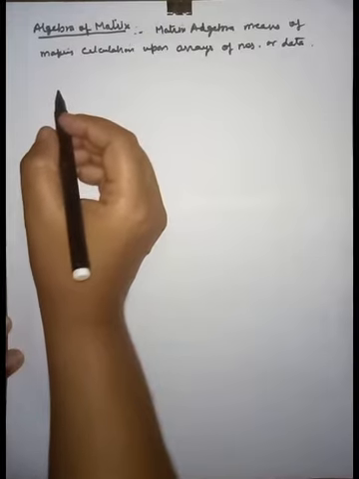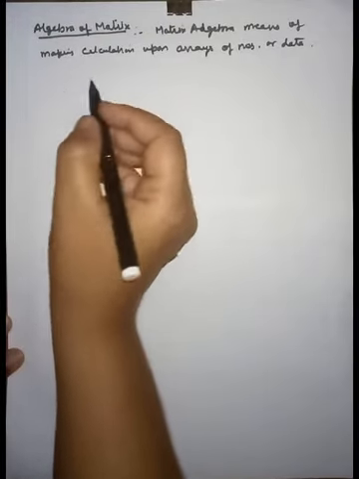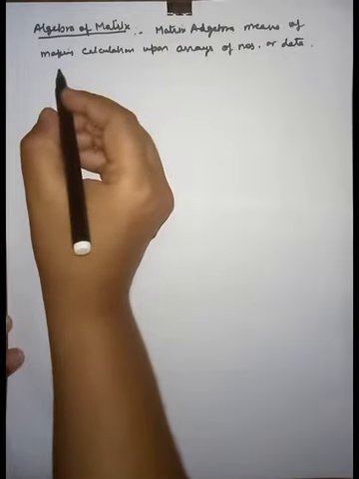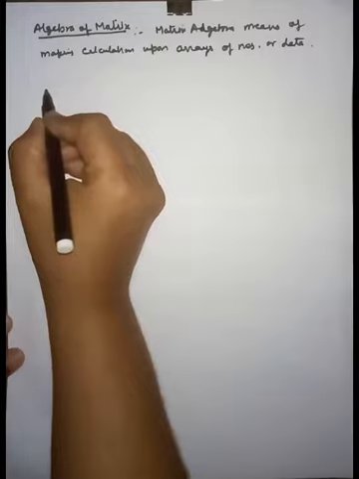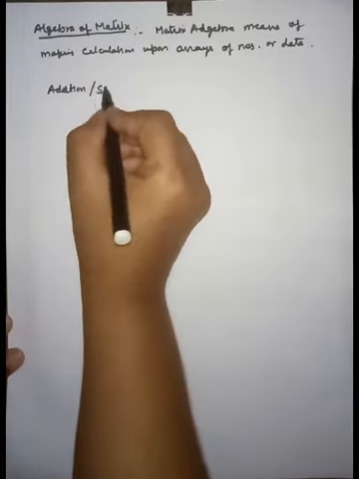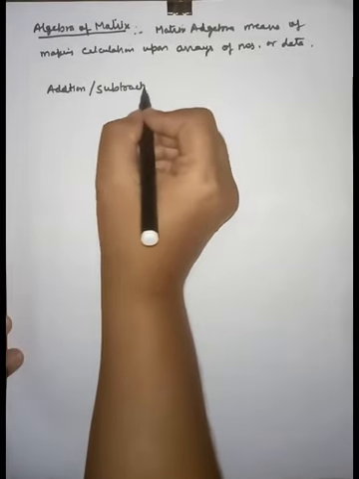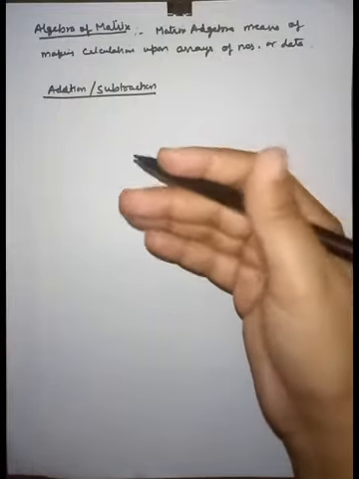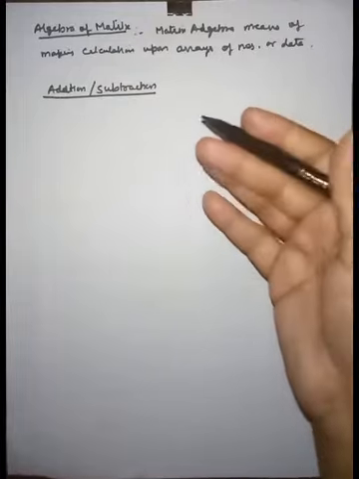So the first operation is addition, and we take addition and subtraction both. Addition and subtraction of matrices. Friends, in this operation you can add two matrices of the same dimension, of the same order, by adding their corresponding entries.